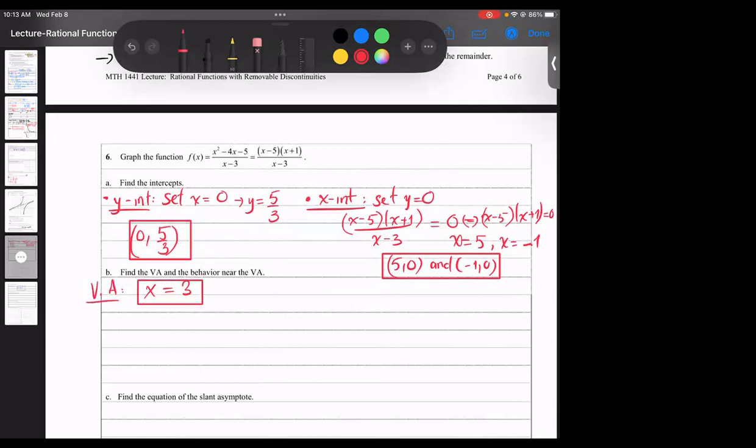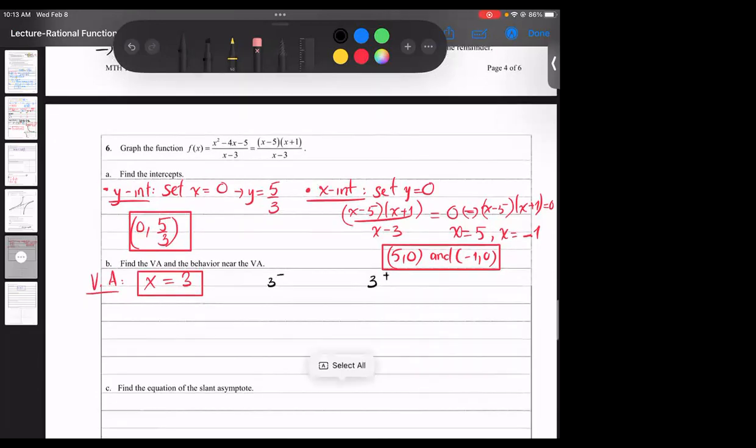And the behavior near the vertical asymptote. So let's do this. You only have 1. So you need 3 from the left, and then 3 from the right. Do you know the deal?